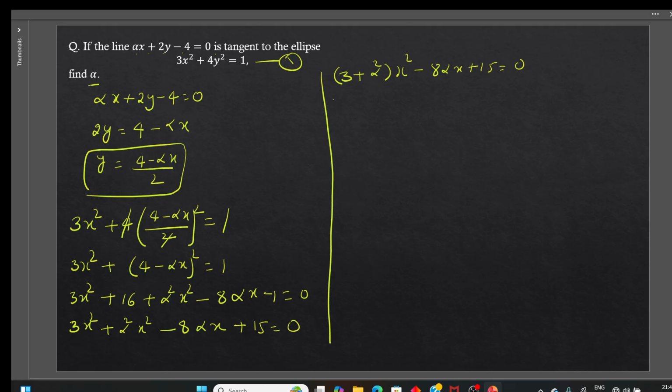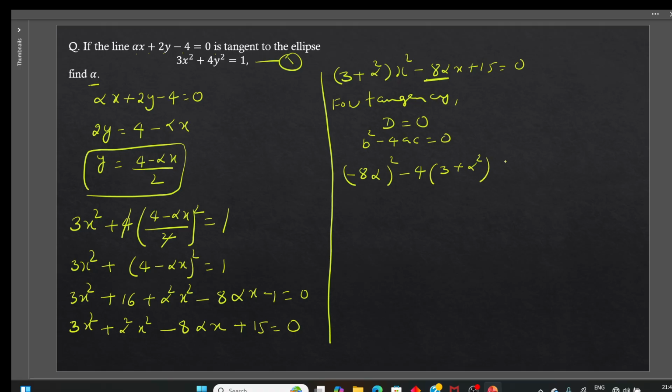Clear? For tangency, the discriminant is equal to 0. Discriminant means b square minus 4ac is equal to 0. What is b value here? Minus 8 alpha. So (minus 8 alpha) whole square minus 4 into a, which is 3 plus alpha square, and c value is 15, equal to 0.